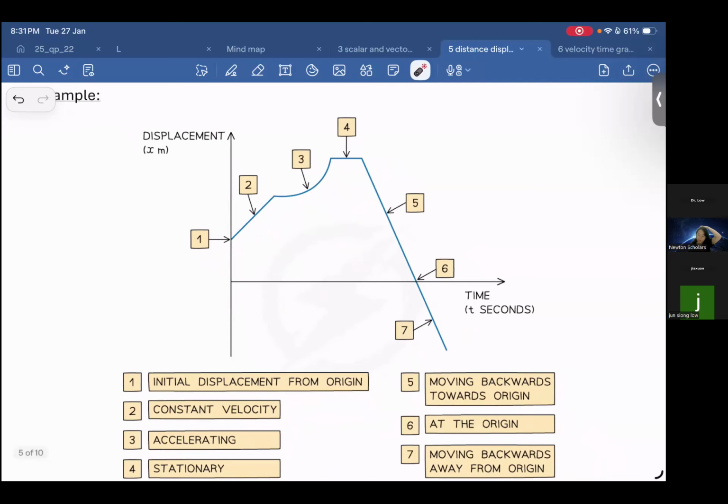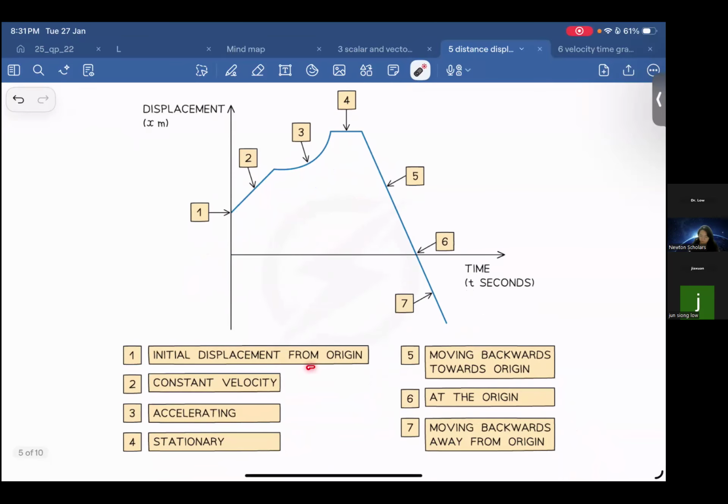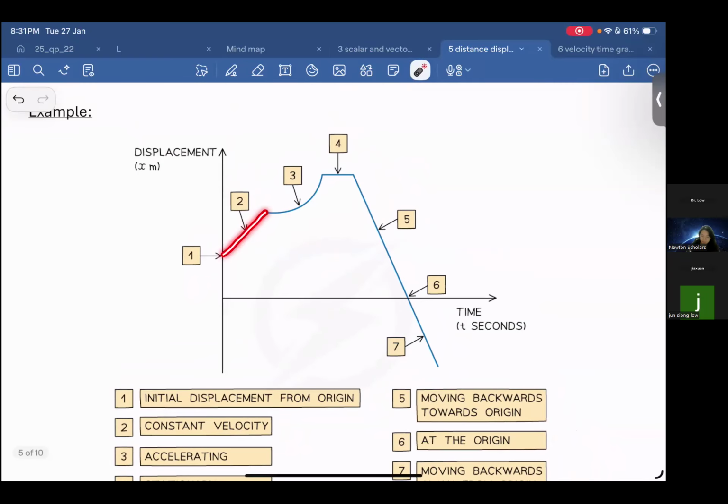Okay, displacement time graph. At the start, it's already standing at a certain position. This is 0, okay? It's already standing some way from the origin, an initial displacement. Then number 2 here, can you see that this is a constant gradient? Because this is a straight line, constant gradient.